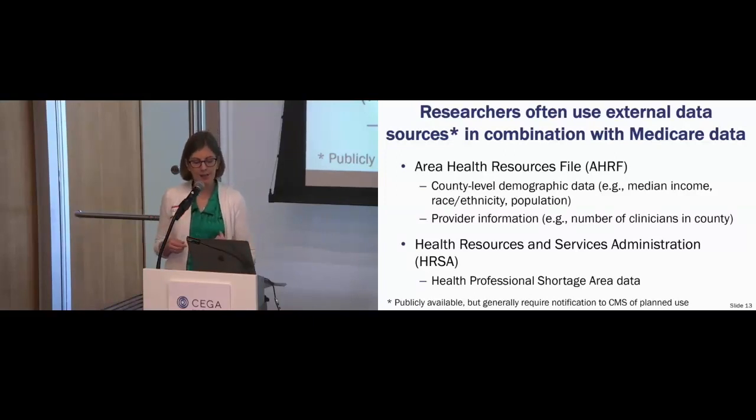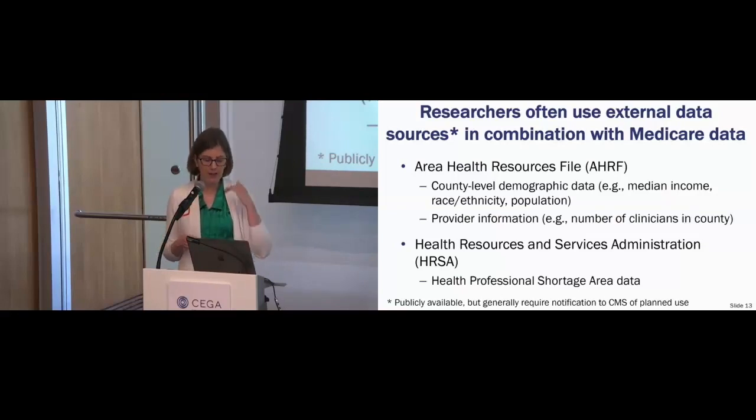And then the second is the Health Resources and Services Administration, or HRSA. They track and register health professional shortage areas. And I usually deal with two: the primary care shortage and then mental health shortage areas. And so that's a nice source of data to pull in if you're interested in trying to stratify some of your work, thinking about whether beneficiaries are located in a shortage area or not.